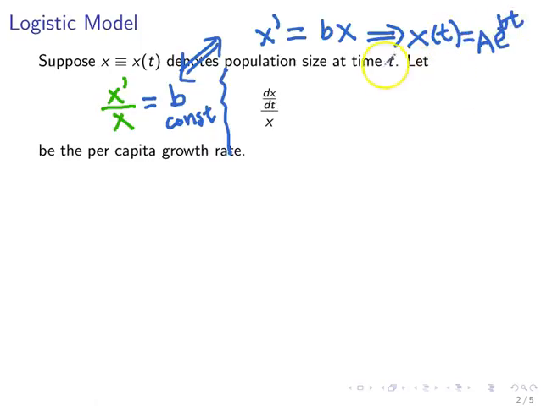So t is the independent variable. So assuming that the per capita growth rate is constant is equivalent to assuming that the population size is subject to either exponential growth or exponential decay.